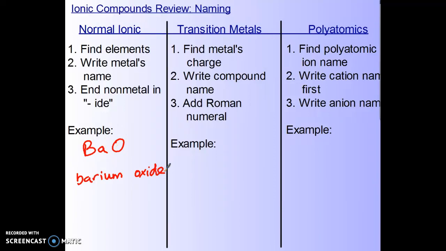With transition metals, we have to find the charge of the metal by looking at the compound. We have to write the name of the compound, but we make sure to put the Roman numeral to represent the charge, not the number of atoms. Okay, so let's say I had FeCl. Using the reverse crisscross, we know that the plus charge of Fe must be +2.